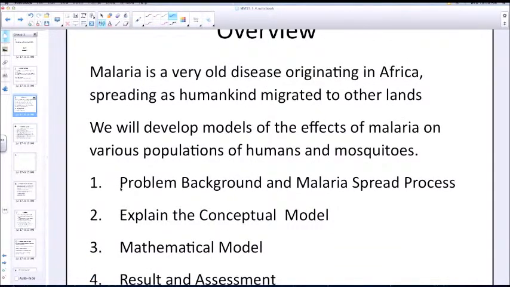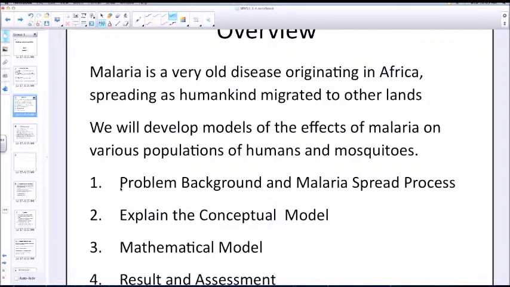So as an overview, we know malaria mostly originated from Africa and spread to humankind on all continents. The major agent to carry the disease from one human host to another susceptible person is mosquitoes.